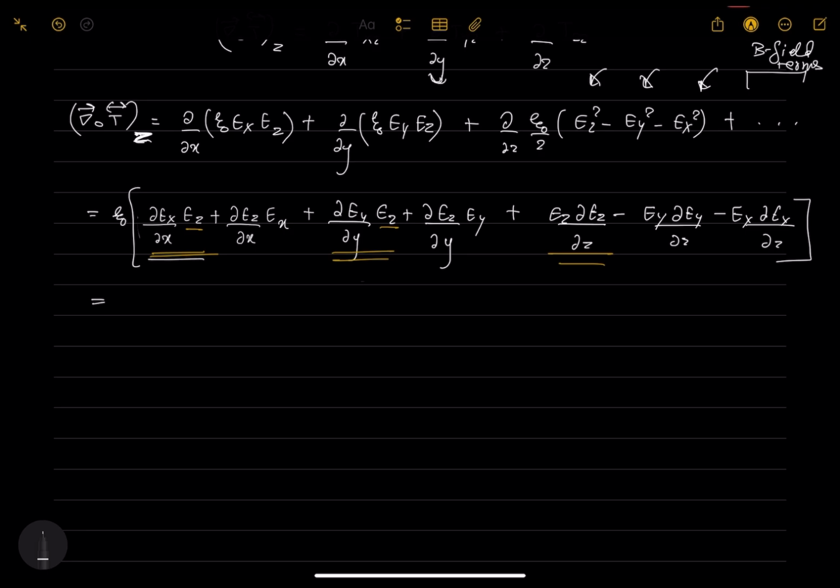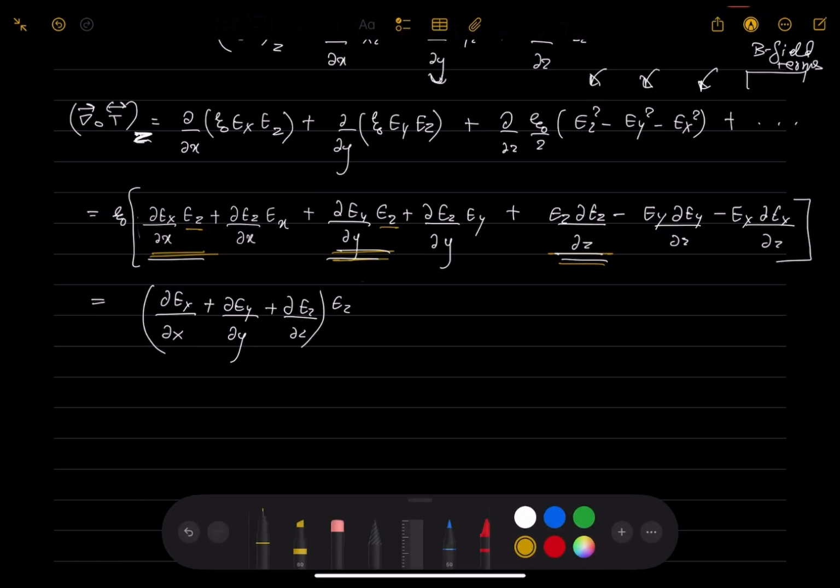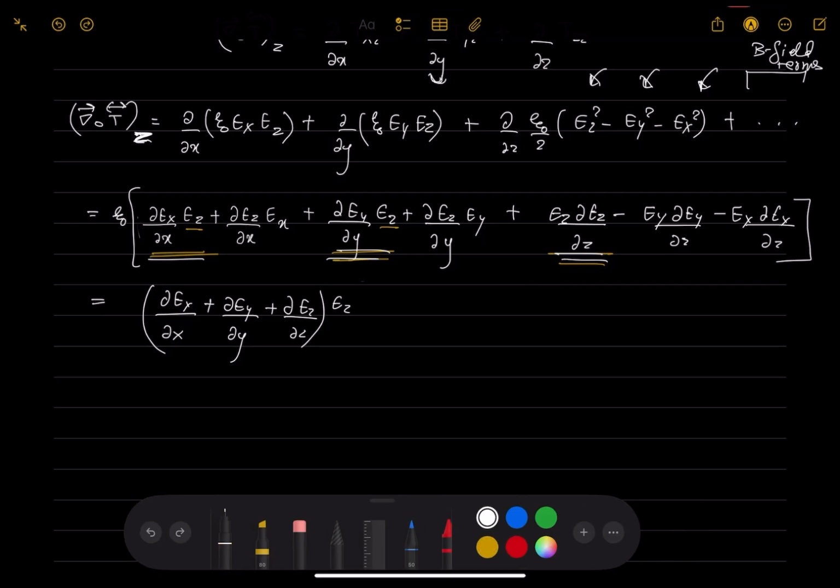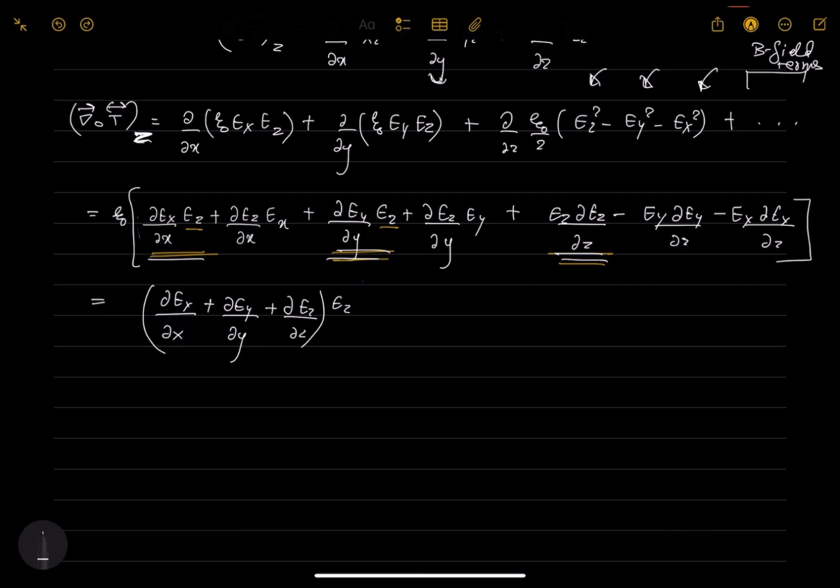If you're a bit clever with these terms, we can write this as (dEx/dx + dEy/dy + dEz/dz) times Ez, right? And this is just the divergence in Cartesian coordinates, if you remember what we derived long back.